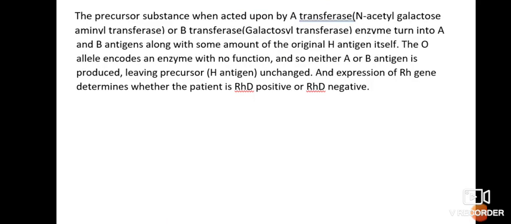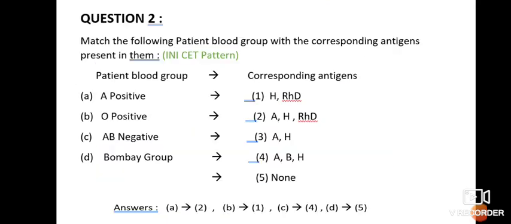Now coming to our options, we'll try to match them. A positive individuals will contain A antigen, H antigen and RhD antigen. So the answer for A would be 2. For O positive individuals, they will contain H antigen, so H antigen and RhD antigen will be there.